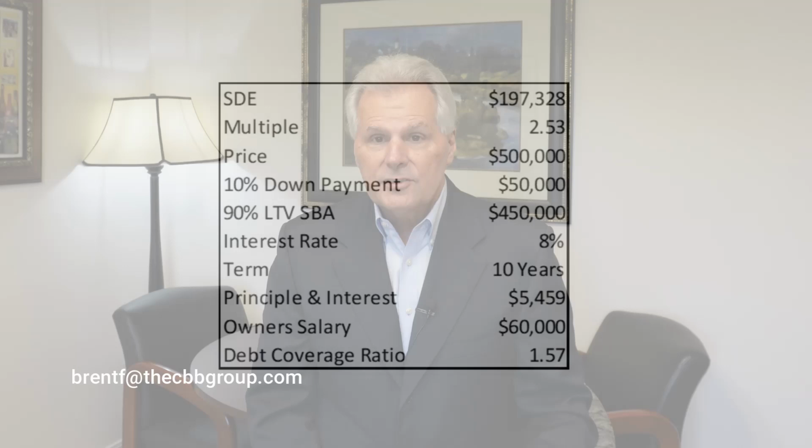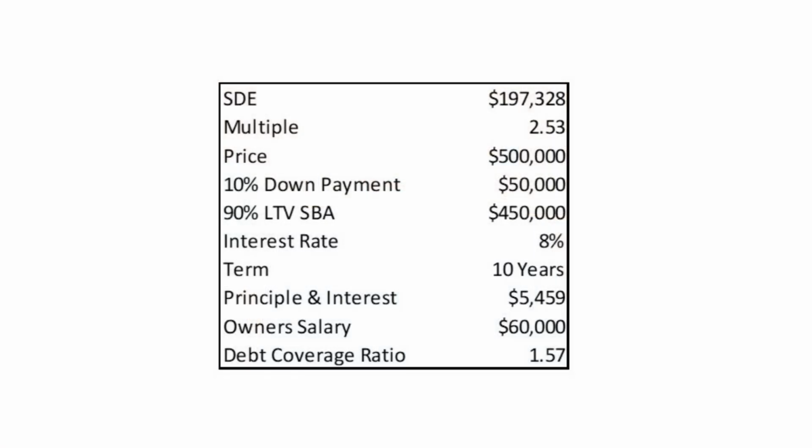Again, size matters. So let's take a look at this next example on a transaction that I closed this last year here in Oregon. Let's review the transactional structure. The seller's discretionary earnings was $197,000. It had a multiple of 2.53, or $500,000.